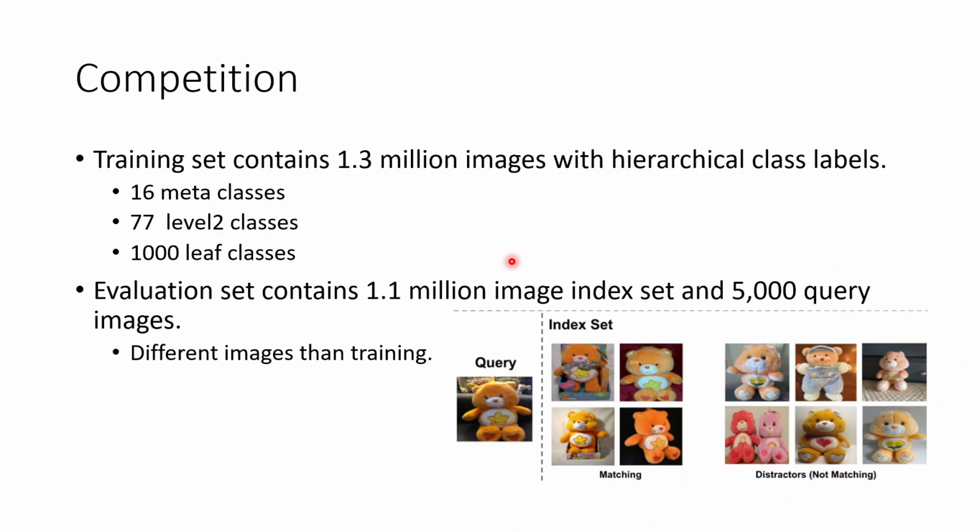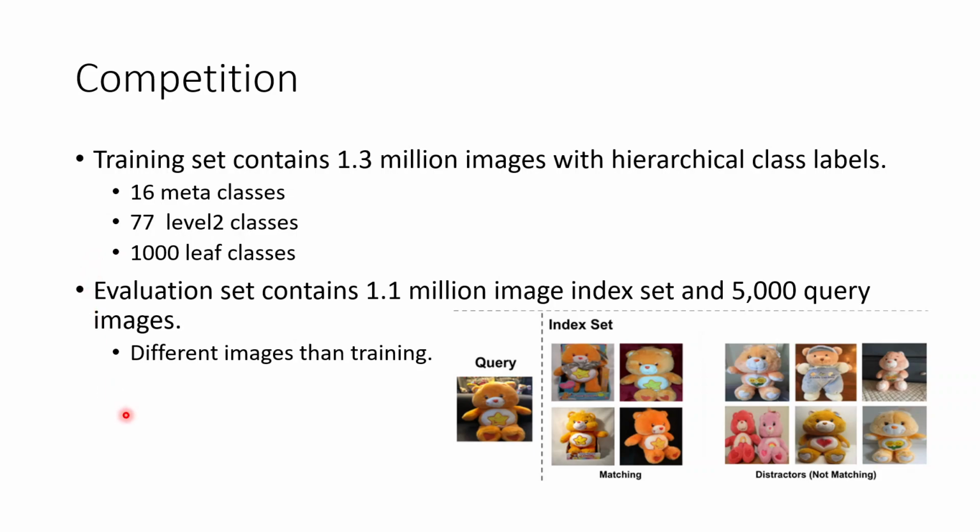So the competition was split into two different stages. For the first part, we had access to only the training data set. The training data set contained 1.3 million images, and each image contained 3 levels of hierarchical class labels. Each image belonged to 1 of 16 meta classes, 1 of 77 level 2 classes, and 1 of 1,000 leaf classes. This is what we use to train our model.